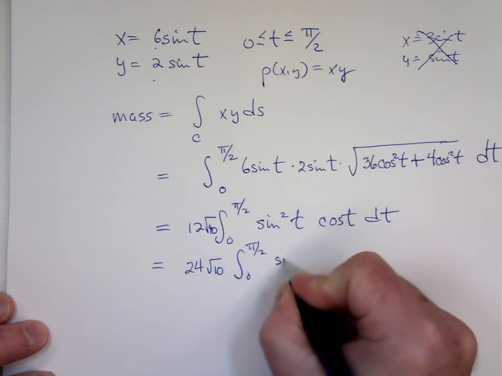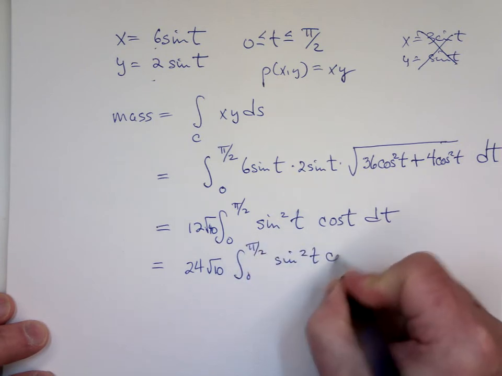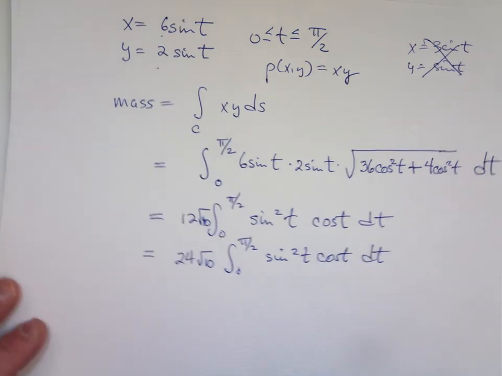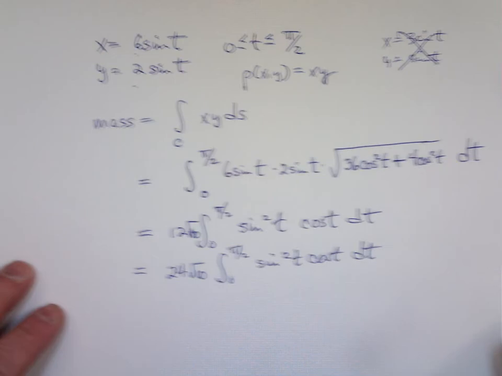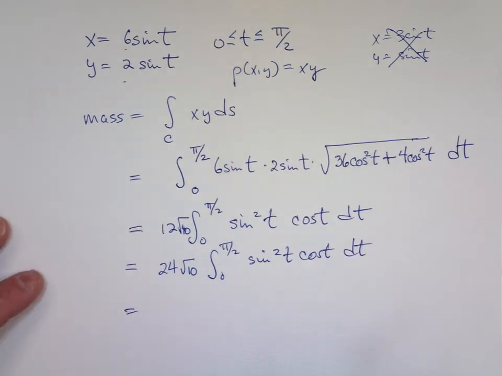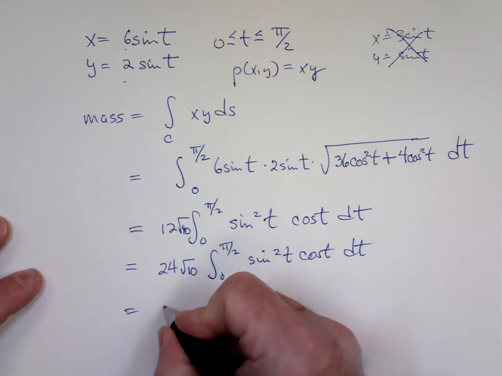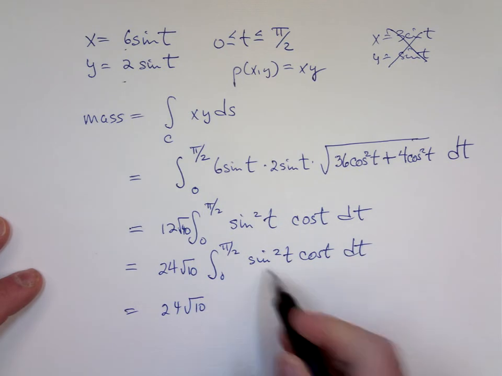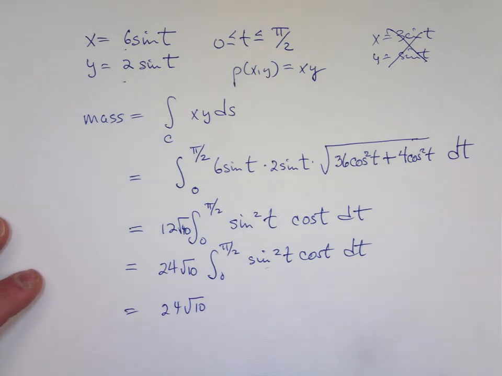Look at this integral. This is nothing like what we did before. This is way, way different. That mass is changing even as we speak. So we got 24 square roots of 10. U substitution. What's u? Sine. What's du? There it is right there.